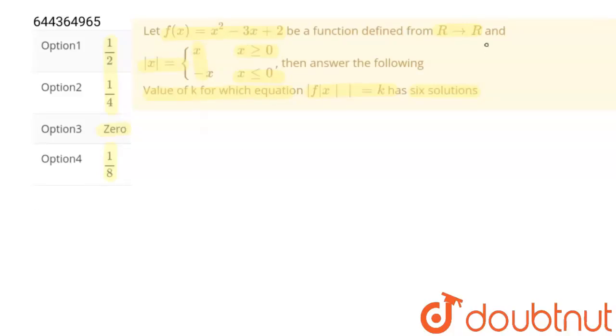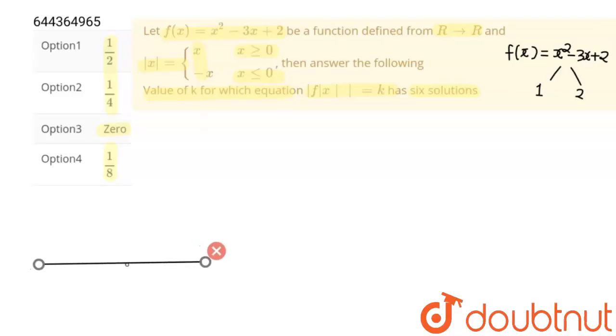If you see this quadratic, f of x is equal to x square minus 3x plus 2, this quadratic has two roots. One root is 1 and the other root is 2. Now we can easily draw its graph. So suppose this is our y-axis and this is our x-axis.